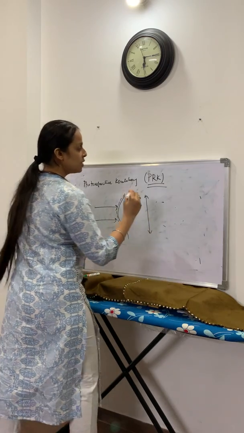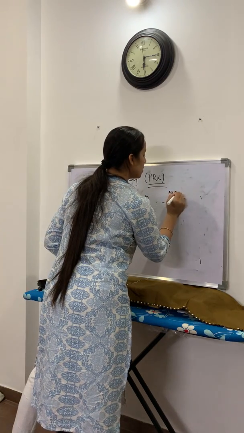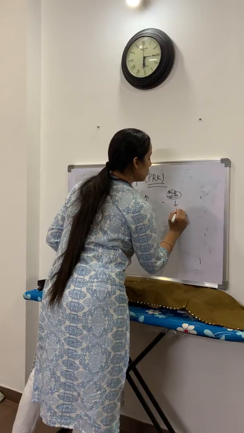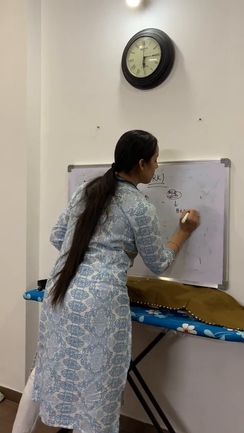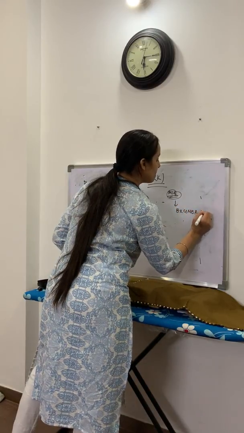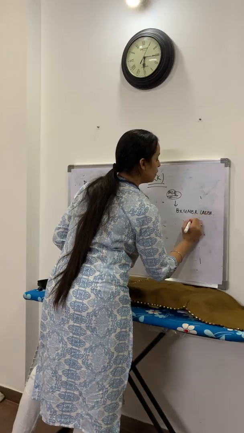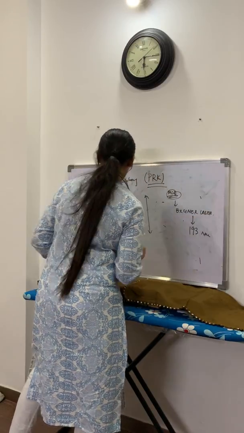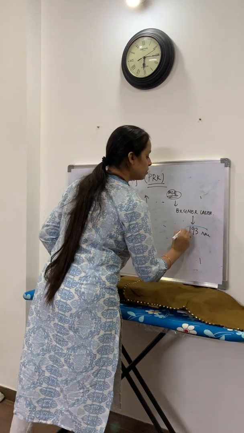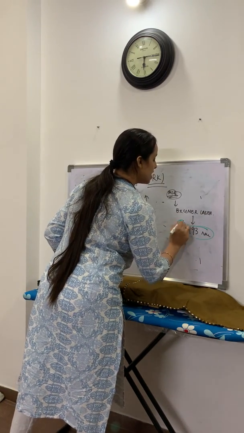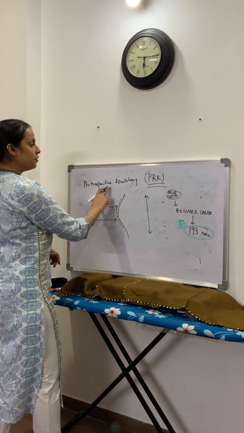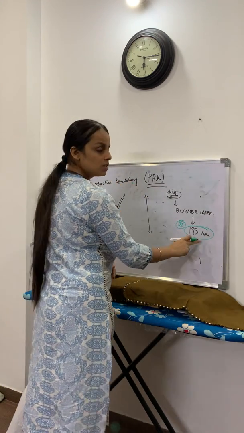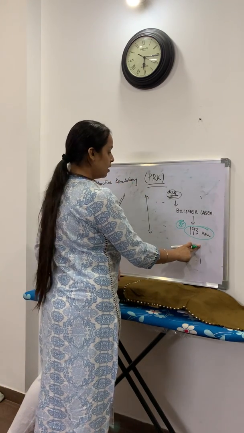So again, an MCQ you must know over here: the excimer laser you're using has a wavelength of 193 nanometers. Important question here. Excimer laser in photorefractive keratectomy, the wavelength is 193 nanometers.